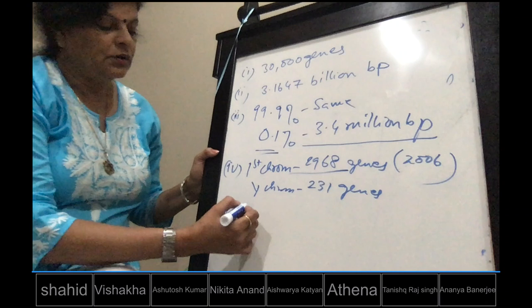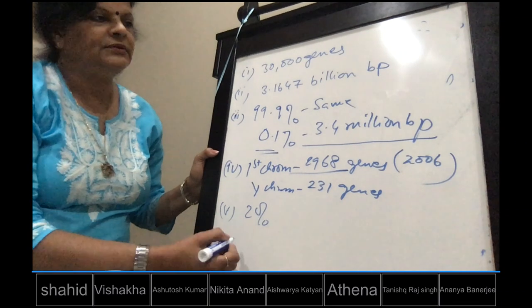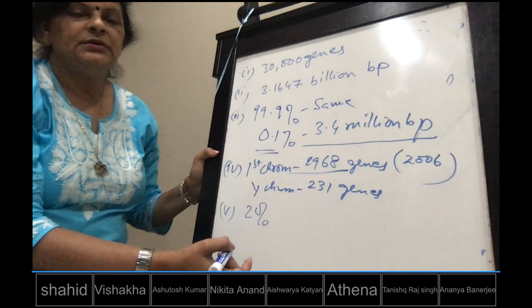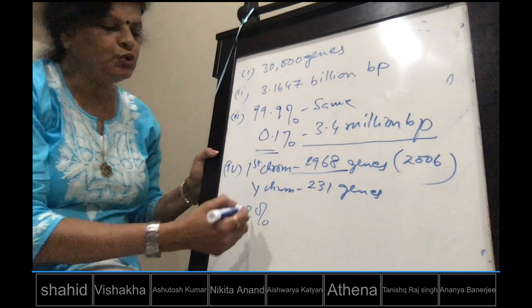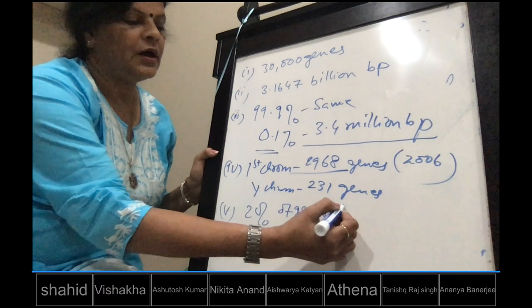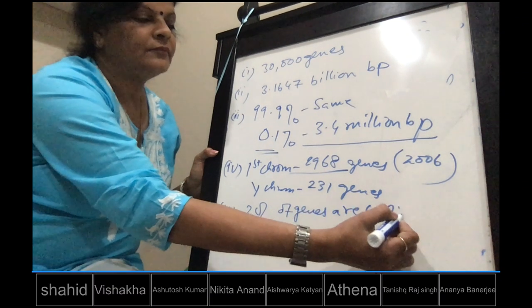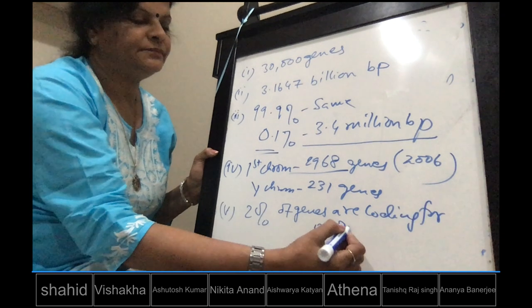Okay, now 2% of the genes code for proteins. Only 2% of genes are coding for proteins.